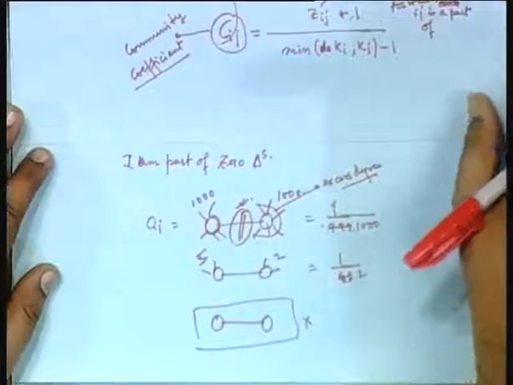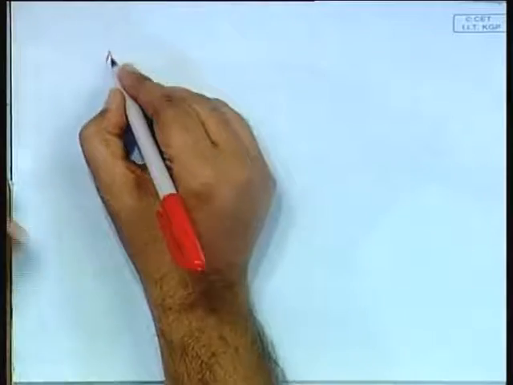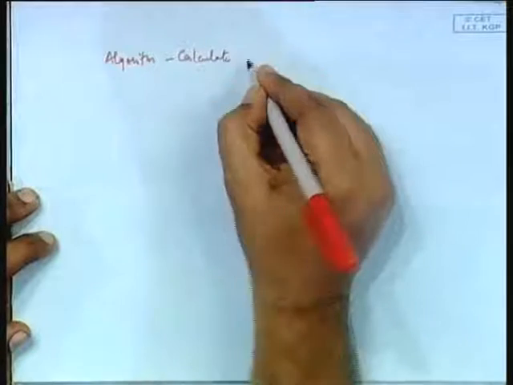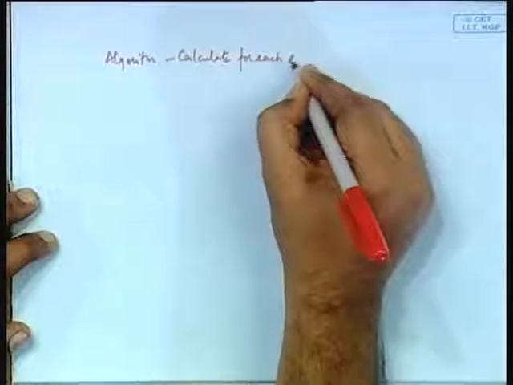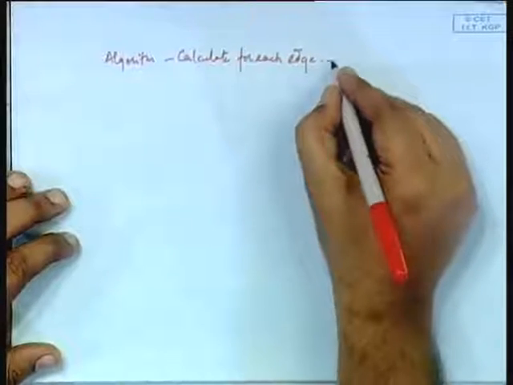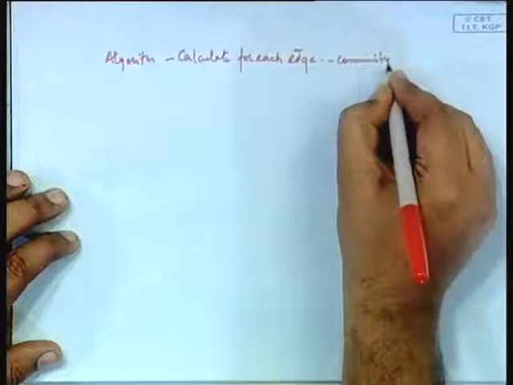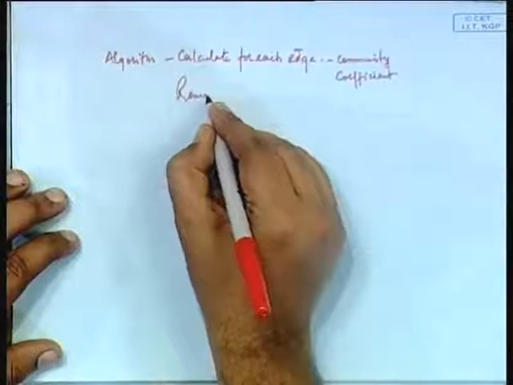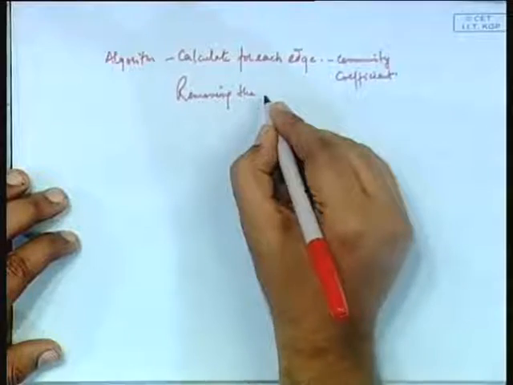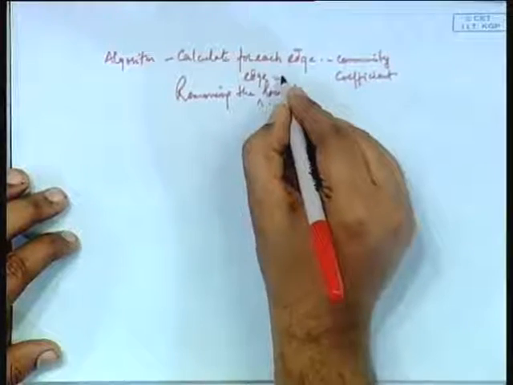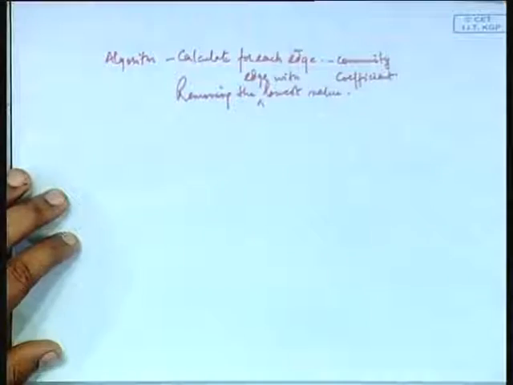So, now what is the algorithm? Algorithm is: calculate the community coefficient for each edge, and go on removing the edge with the lowest value.